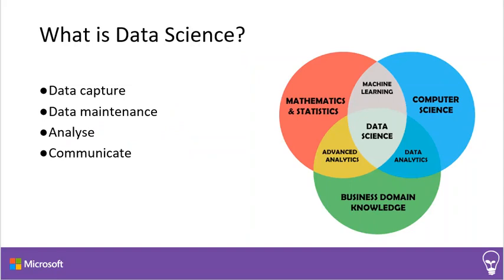It's best represented by the Venn diagram you see there. There's three main components to it: maths and stats, computer science, and business domain knowledge. Now, mathematics and stats is quite important because a lot of data science algorithms, for example, use linear algebra to represent knowledge in a way which the computer can understand.